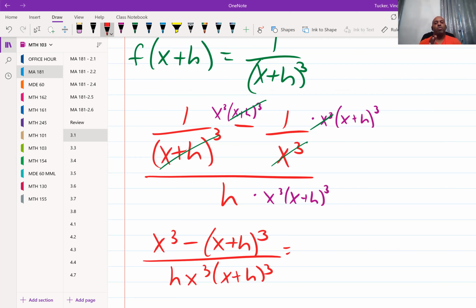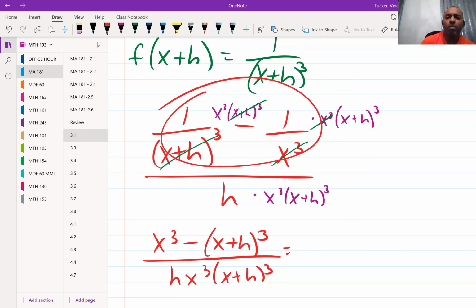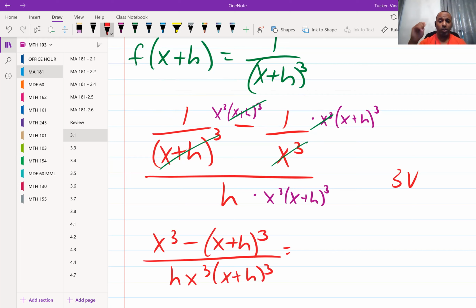Okay, so I was trying to get rid of the fact that we had these fractions up here. So I was leaning on the same principle that we leaned on with the last problem when we had that 3v and we multiplied each numerator by 3v. So here, our denominators are x plus h cubed and the other denominator is x cubed. So what I did was I multiplied those two together and multiplied each numerator.